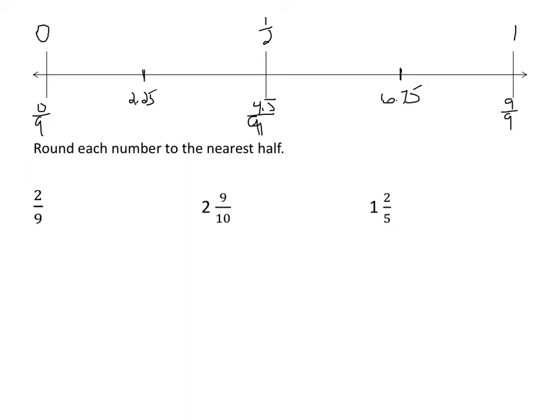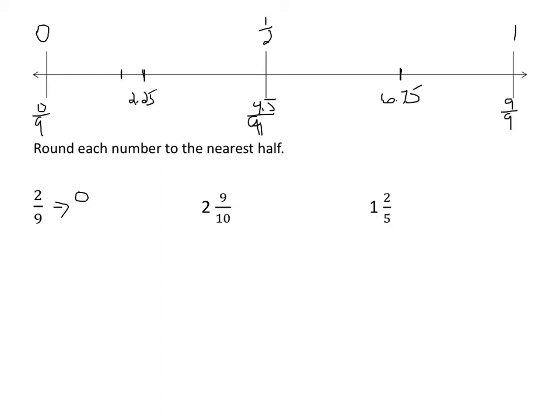And that's telling us the marks for rounding. Since 2 is less than 2.25, so it would be about right here on our number line, it's closest to the 0 mark, or 0/9. So if we're rounding this to the nearest half, we'd actually be rounding this to 0 and 0/9, or just 0.